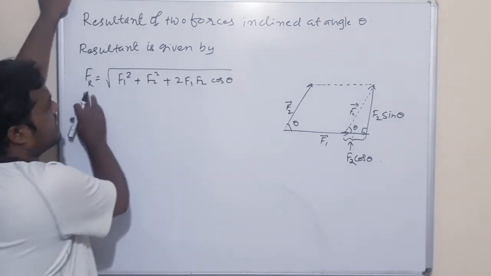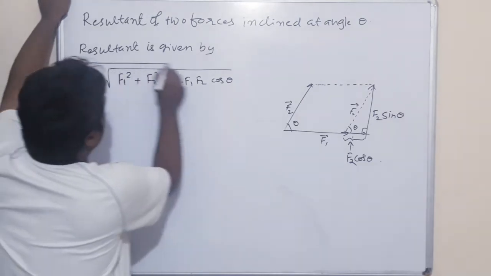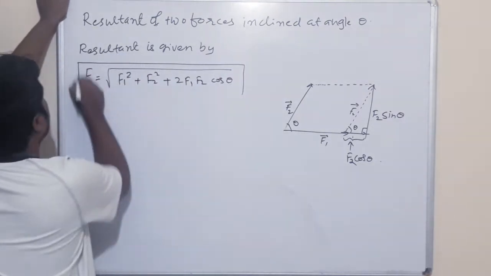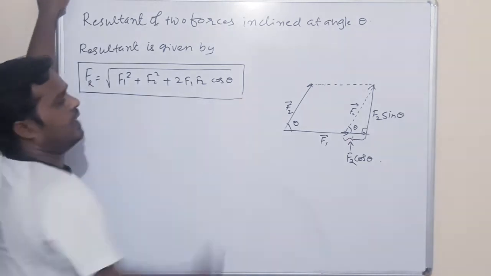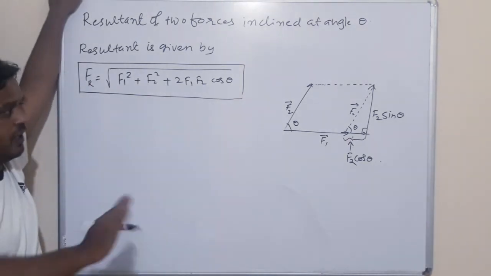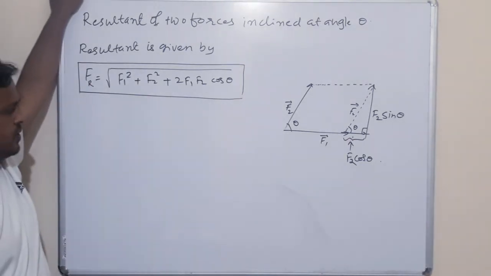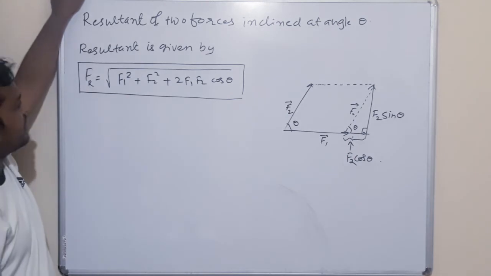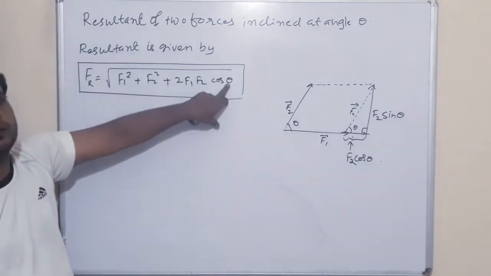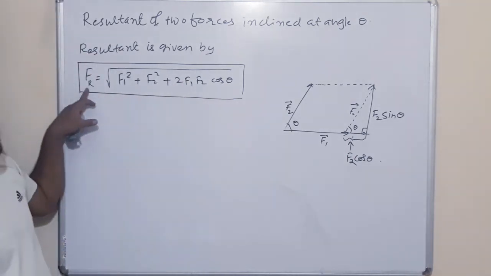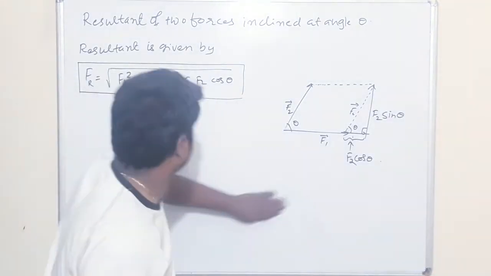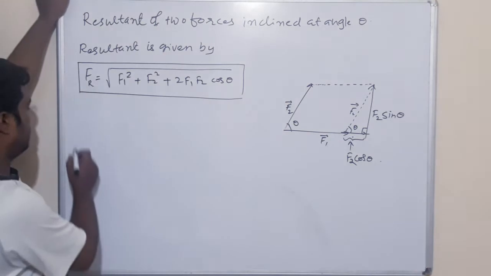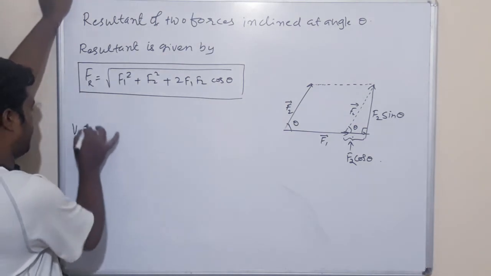That means from this equation, what we understand is the resultant of two vectors depends on the angle theta between two vectors or between two forces. For different values of theta, we will get different values of resultant. So resultant depends on angle theta. This I will write here.